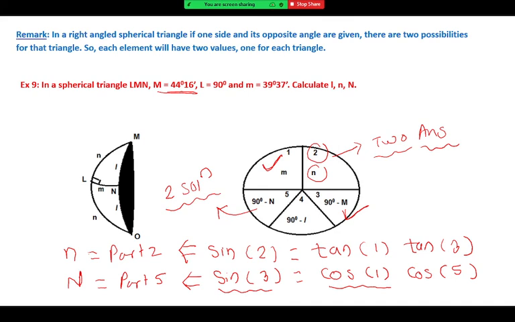Now only part 4 is left. How will you handle it now? Check. Sir, sine of 1 is equal to cos of 4 and cos of 3. Nice, good. So again the two-angle solution is avoided, and this is also a very good answer. So you should say sine of 1 is cos of 4 and cos of 3.